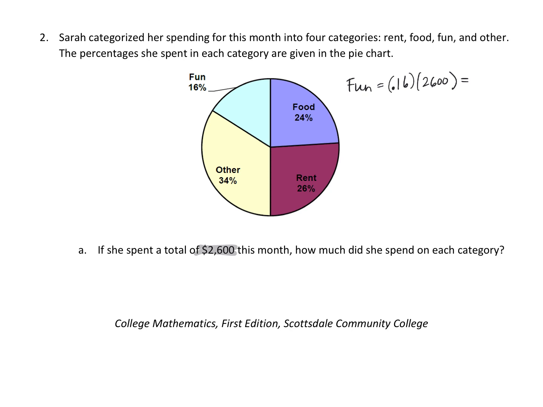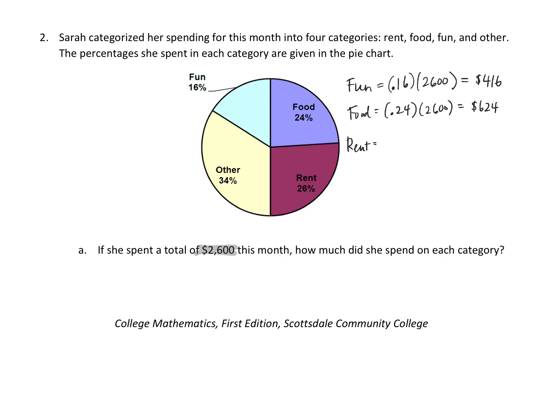When I did that, I got $416. On food, she spent 24%, which is 0.24, so we will multiply that by 2,600, and we get $624.